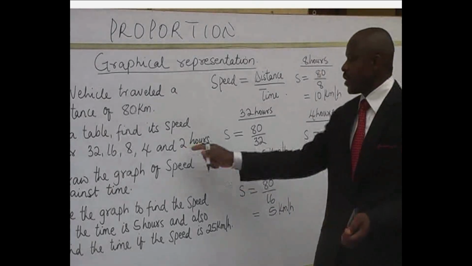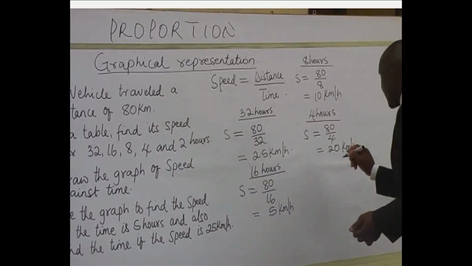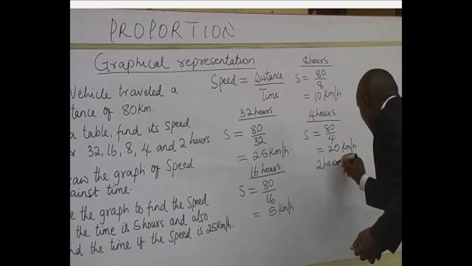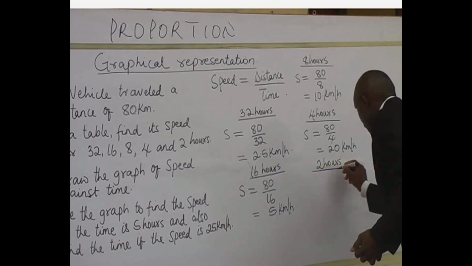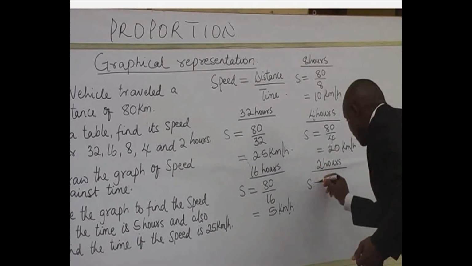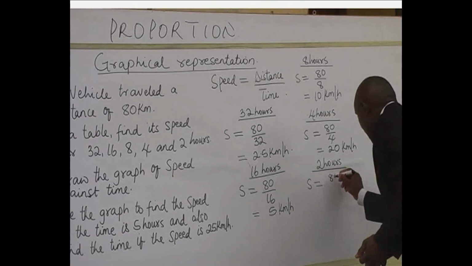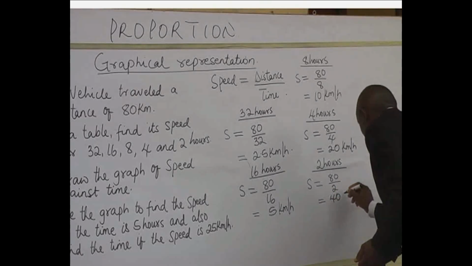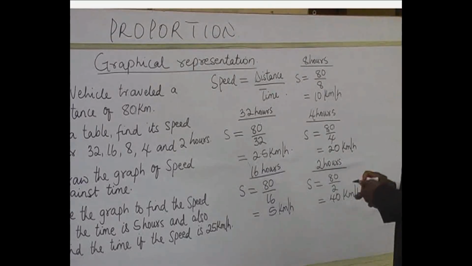The last but not the least is when the time is 2 hours. So the speed for 2 hours time, S is equal to 80 divided by 2, and 80 divided by 2 will give you 40 kilometers per hour.